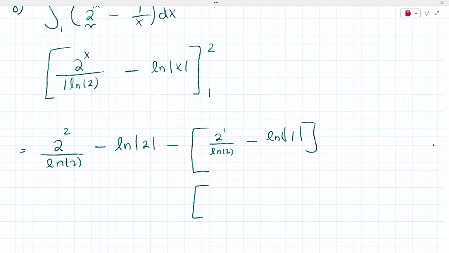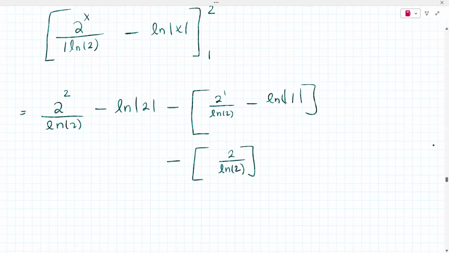So that is, let's see, ln of 1 is 0, so 2 squared is 4 over ln of 2, minus ln of 2, because the absolute value of 2 is 2, right?